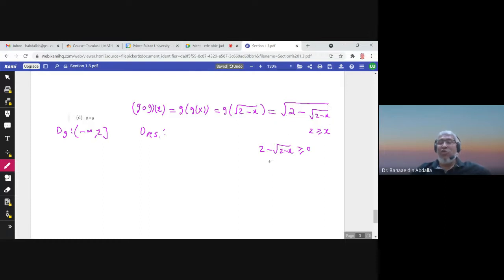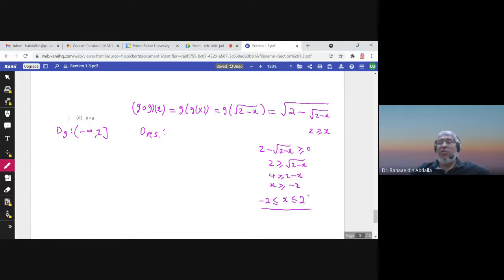Okay, so 2 should be greater than or equal to this square root. Both are positive, so I can square both sides. Take x to this side and take 4 to that side. So x is greater than or equal to negative 2. So x is greater than or equal to negative 2, and it is less than or equal to 2.